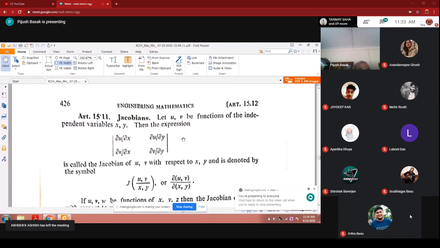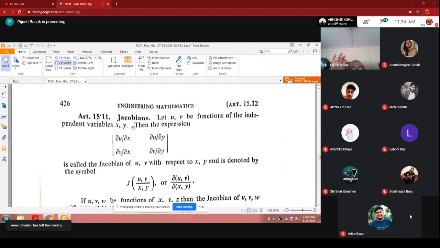So this is the definition of Jacobian. Suppose u and v are functions of the independent variables x and y.